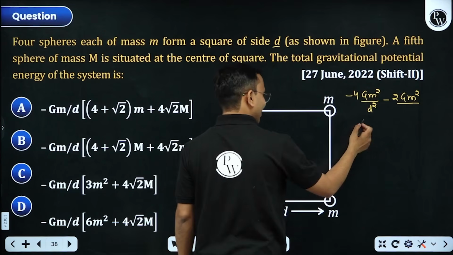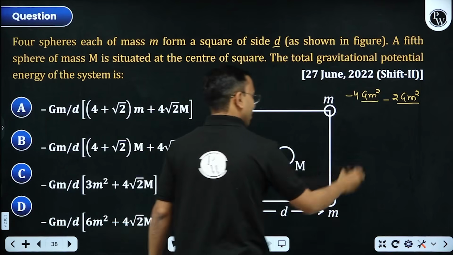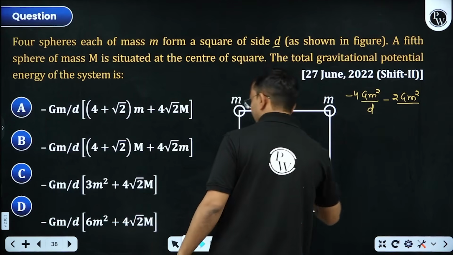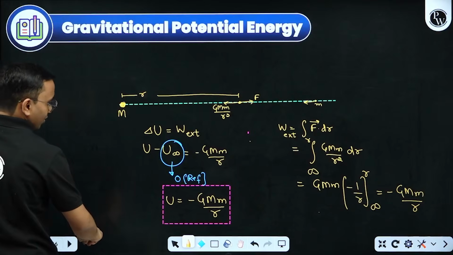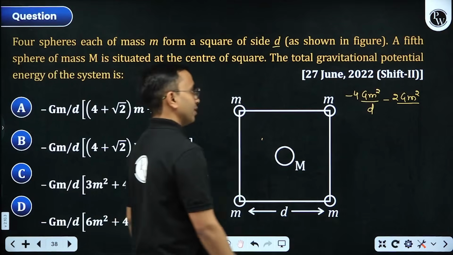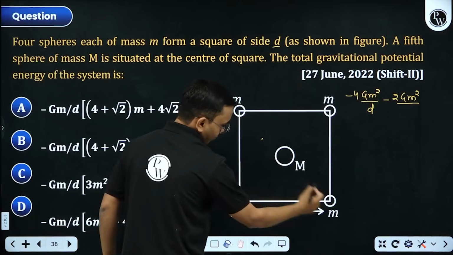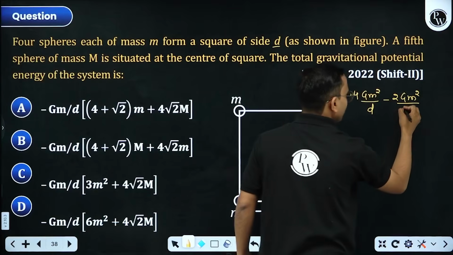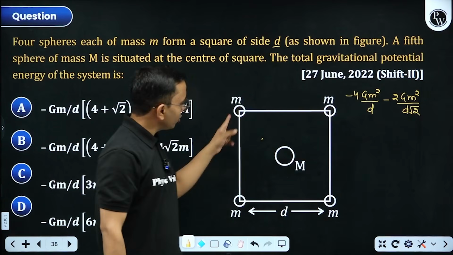It shouldn't be square, it's just the distance. I made this mistake previously also. Everything else is proper. For the 2 diagonals, minus 2 times Gm square divided by the diagonal distance d root 2. This is the potential energy of these four.